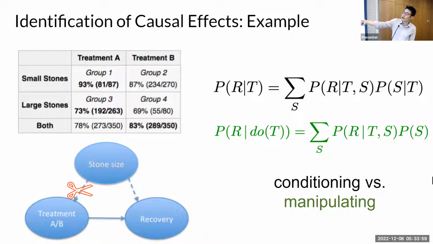For the group with small stones, it's 93% versus 87%. For the patients with large stones, the recovery rate is 73% versus 69%. So A is better, right? Now, if you merge the data, all of a sudden B seems to be better. The recovery rate is 83% versus 78% for the other treatment.